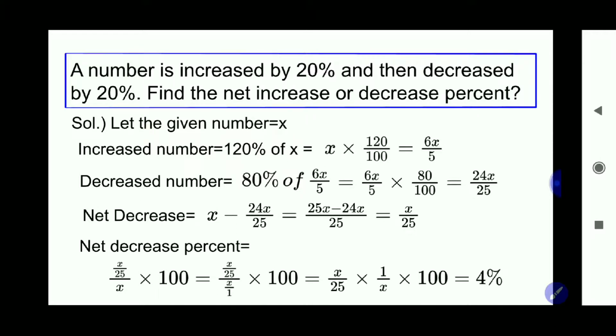It is x by 25 by x means x by 1 into 100. Fraction by fraction, so the denominator becomes reciprocal and multiply. So it is x by 25 into 1 by x into 100. That is 4%. Observe the question. The number decreased 4%.